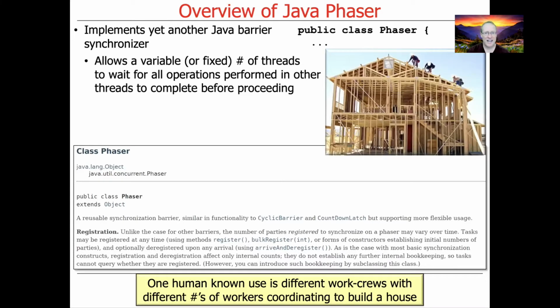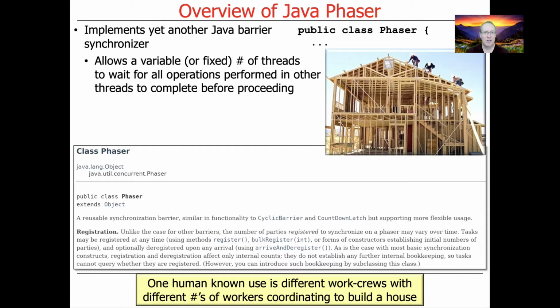And the example that I gave when we talked about this earlier was having work teams build a house in phases. And so you might have a group of workers that come and do the foundation. There might be 6 of them. Then in a week, you might have another team that comes and does the framing, and there could be 4 of them. And then you have people who come and do the roofing, and there could be 10 of them or whatever.